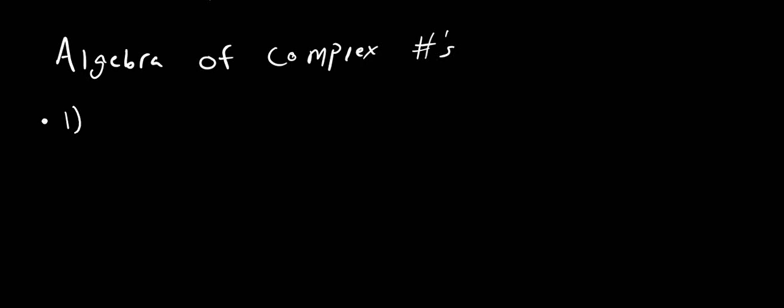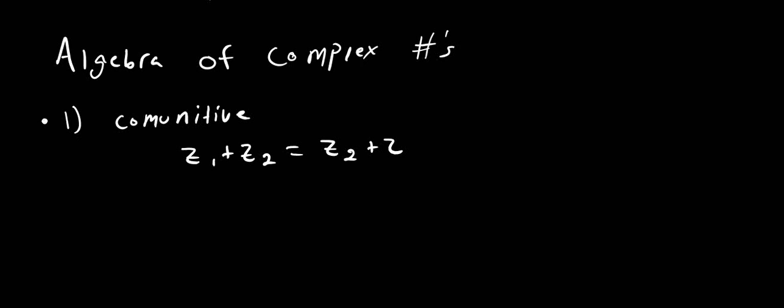So this will be our law one, commutative. The commutative law says if we have z1 plus z2, this is the exact same as z2 plus z1. So the order in which we add doesn't matter. So it's commutative addition.